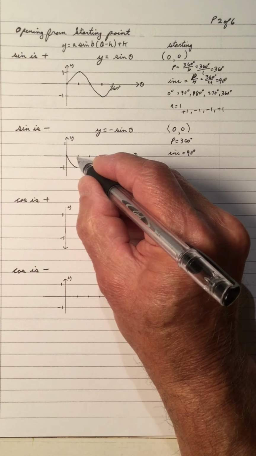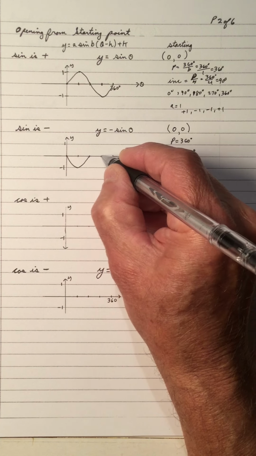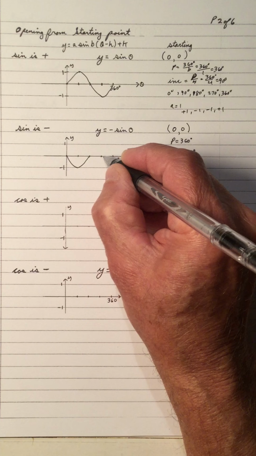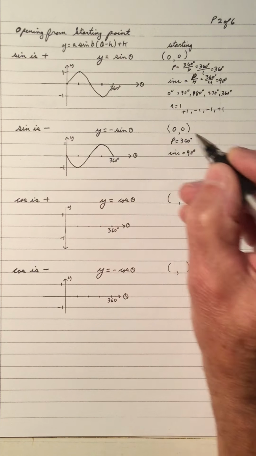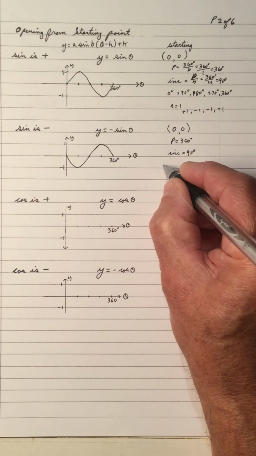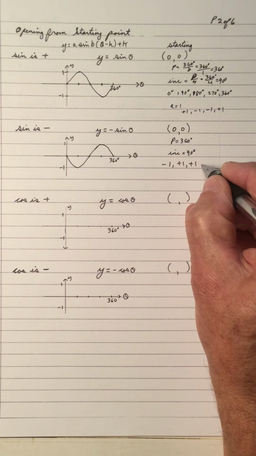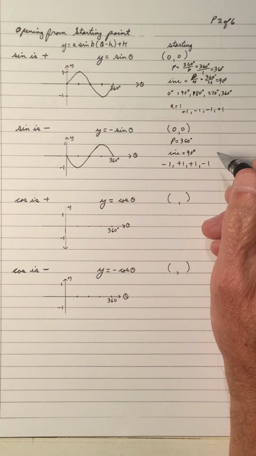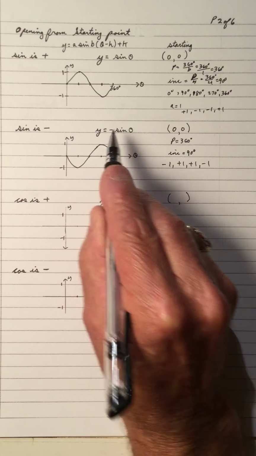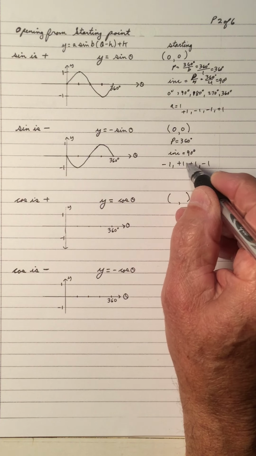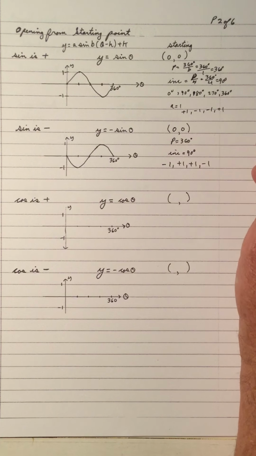Then it goes up 1 to 180, up 1 again to 270, and then comes down 1. The increment changes here are minus 1, plus 1, plus 1, minus 1. This is true for all sine equations which have a negative: they go down, up, up, down. If it's positive, it goes up, down, down, up.